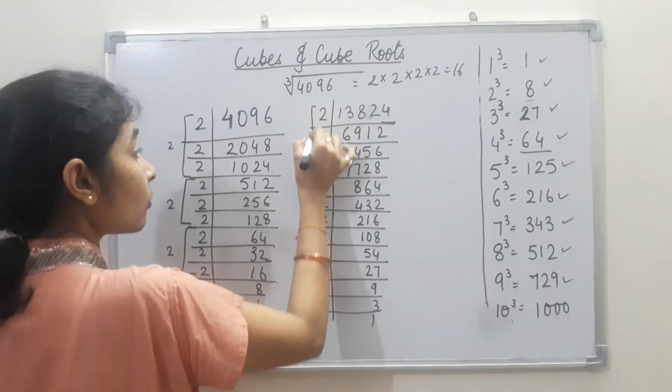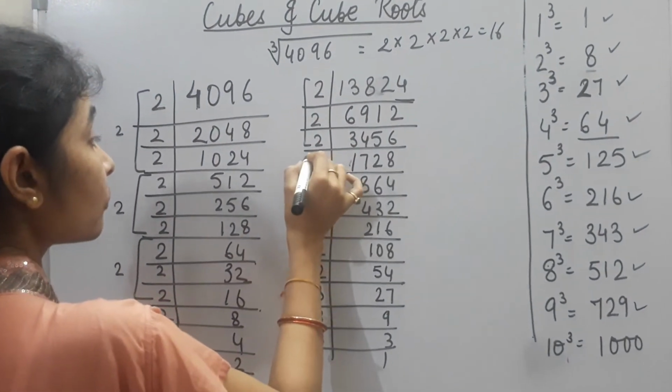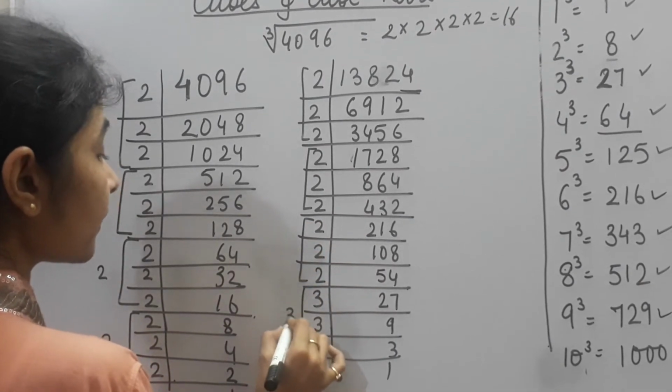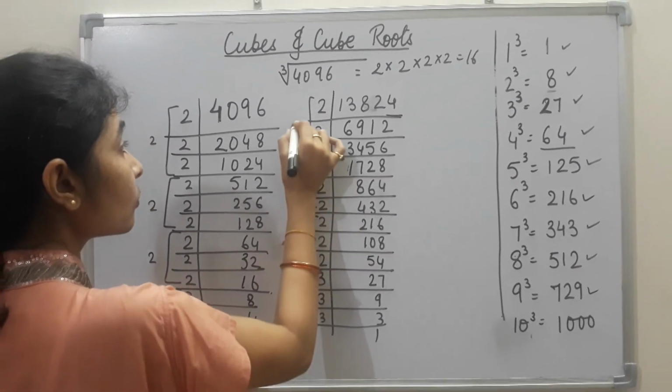So now grouping it into threes, 1, 2, 3, and one time we are having 3, 2, 2, 2.